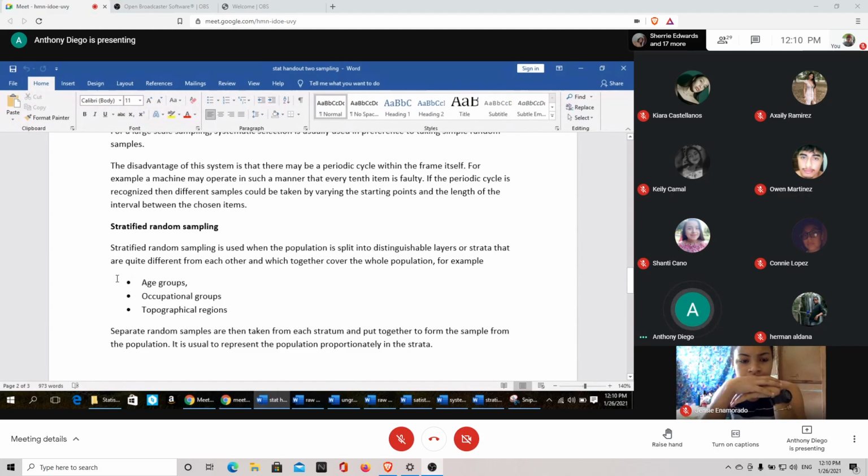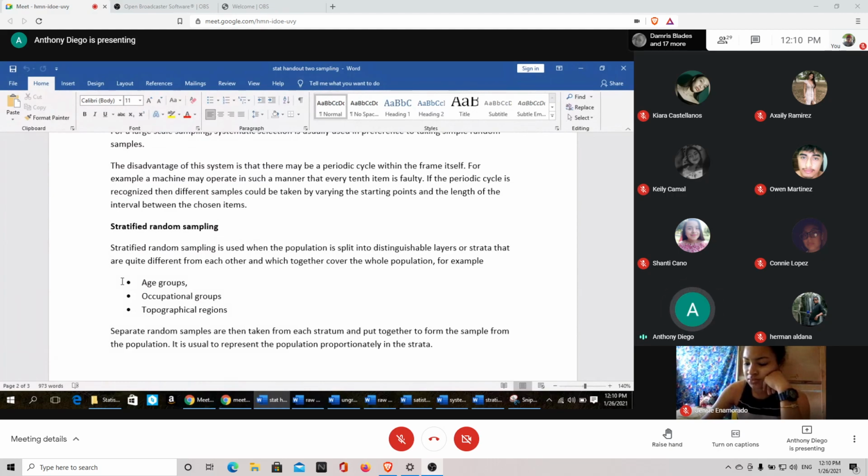For instance, if you would like to see how COVID is affecting people, looking at age ranges, maybe you might say, okay, let's see from 1 to 5 years, and then 6 to 12, and then 13 to, let's say, 19. So what you have done there is to split it into strata or layers.